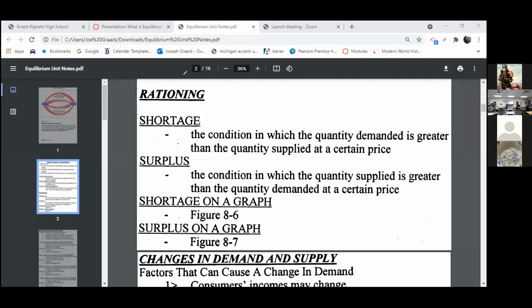So we've got an area of shortage. When we have a shortage, demand is outstripping supply and prices go up. Surplus is the condition in which the quantity supplied is greater than demand. Supply is much greater than demand, like last year in terms of gasoline, and prices generally go down during that time period.